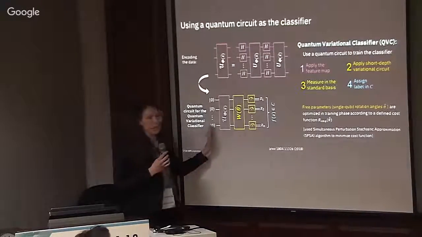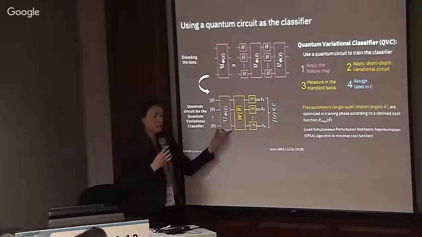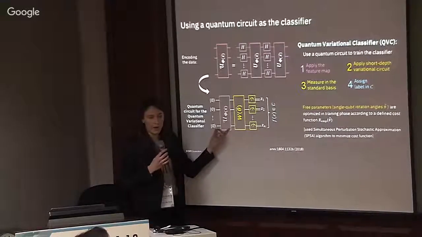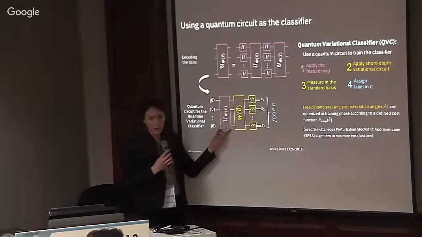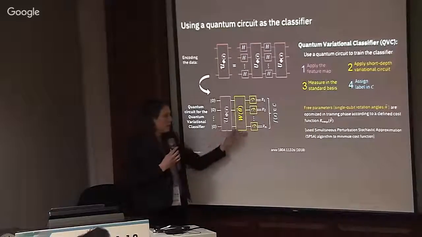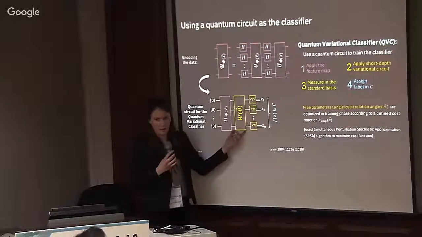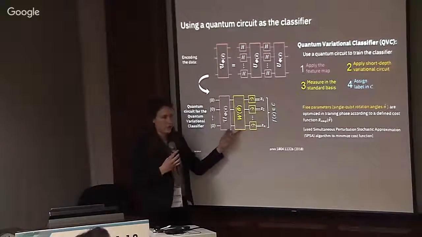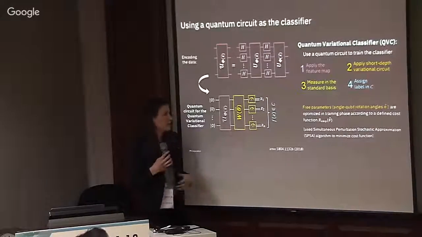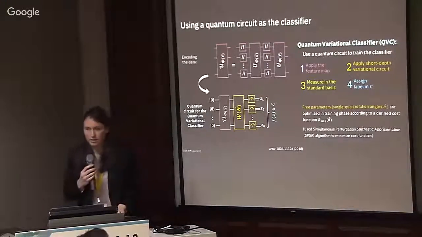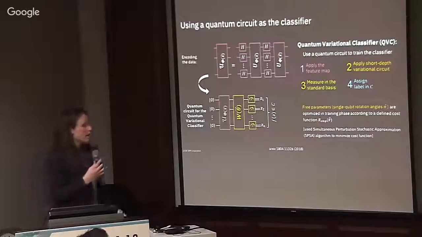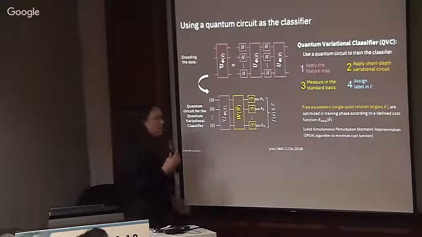It starts in the same way as the other method. You still use a quantum feature map to map your data point X, and then you follow that by a variational circuit. The variational circuit is constructed to have free parameters that you then use a classical optimizer to update.